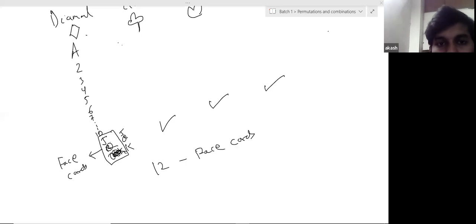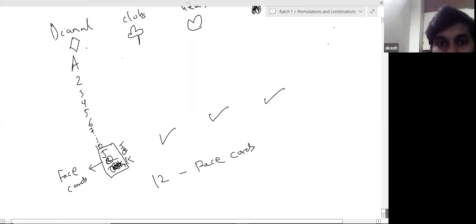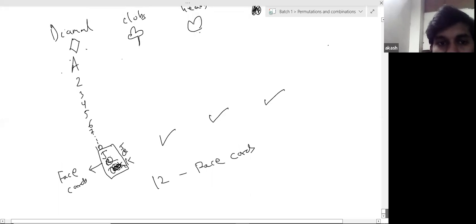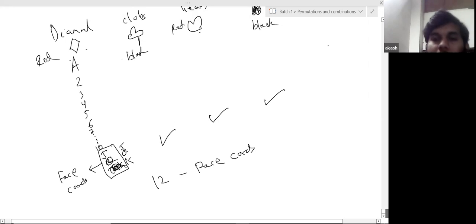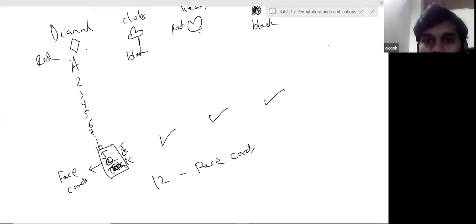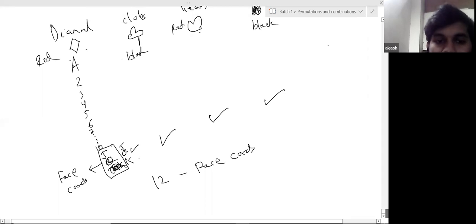Yes, right. And see, diamonds and hearts are of red color. This is red, this is red, and this is black, and this is black. So cards are divided in 2 colors, black and red, and 4 suits: diamond, clubs, hearts, and spades. 3 face cards to each suit, so 12 face cards in total. 4 aces, of each suit 1. Rest you can see. All right, now try to solve this.